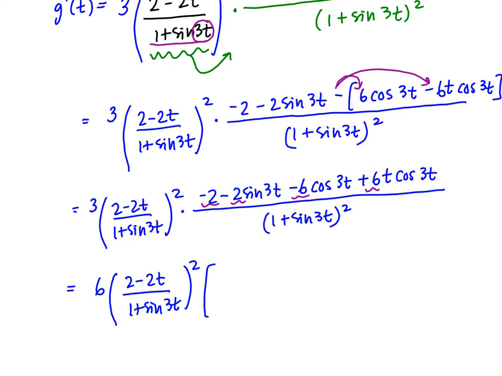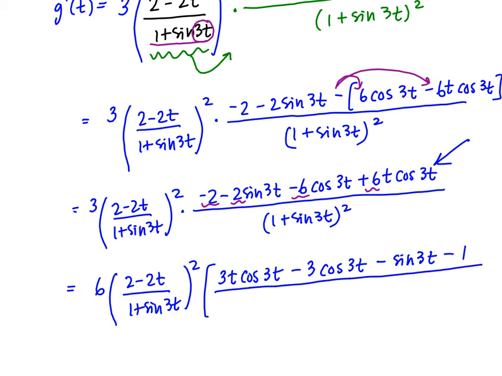So 6 divided by 2 was 3t cosine 3t, that's from this term, minus, we'll do the next cosine, 3 cosine of 3t, minus the sine of 3t minus 1, all over 1 plus the sine of 3t squared.